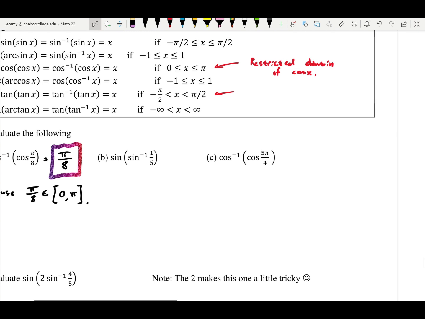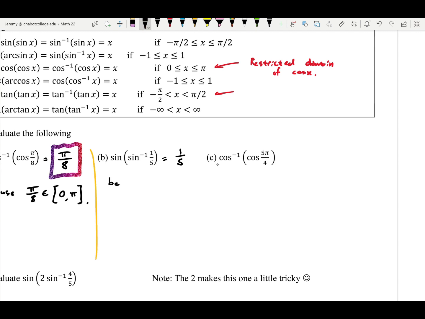What about sine of sine inverse of 1/5? Now for these, if we have sine on the outside and the inverse function on the inside, we just want to make sure, is this value 1/5 between -1 and +1? In this case, it is. So this is just going to be equal to 1/5. And again, I'll provide the little justification here.